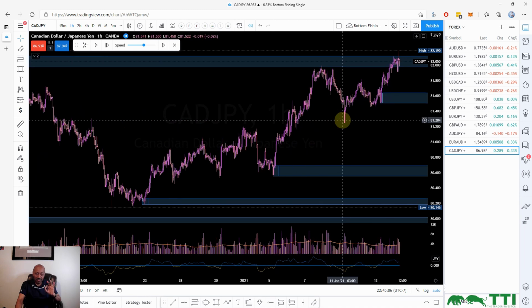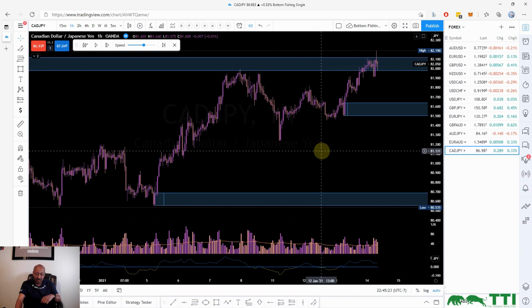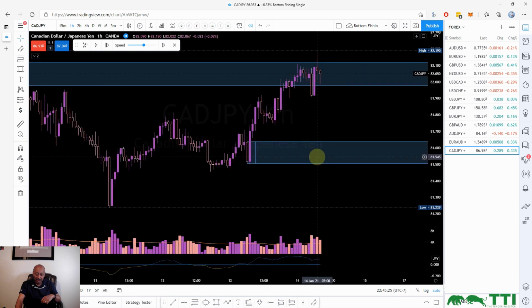I have not gone into imbalance yet, because before I draw imbalances, I want to explain to you how they're drawn and how they come about. We will start with a couple of the recent ones, because that's what makes sense.